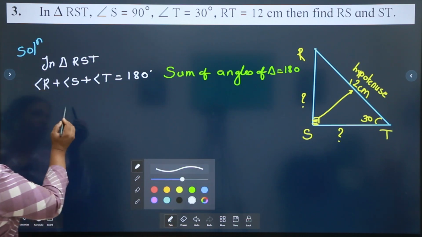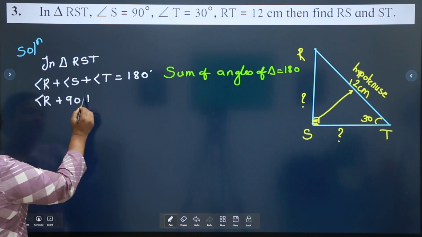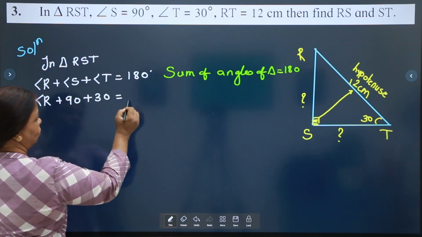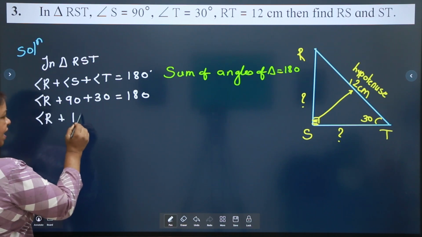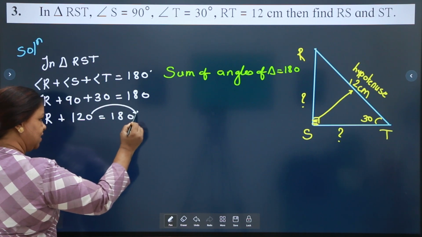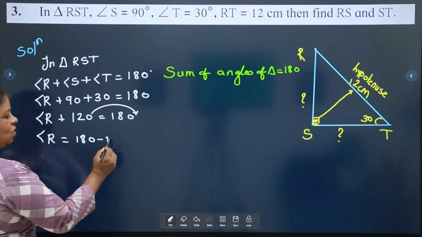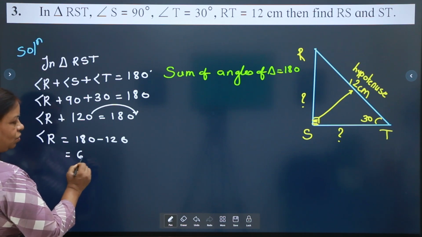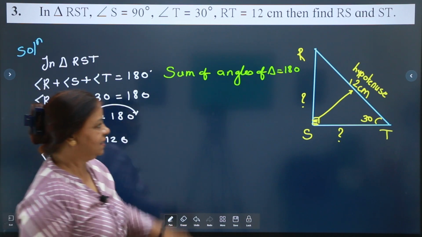Angle R is to be found, angle S is 90, T is 30, which is equal to 180 degrees. Angle R, 90 plus 30 is 120, is equal to 180. We will shift 120 to this side. Angle R is equal to 180 minus 120, which will be equal to 60 degrees. So children, we got angle R as 60 degrees.